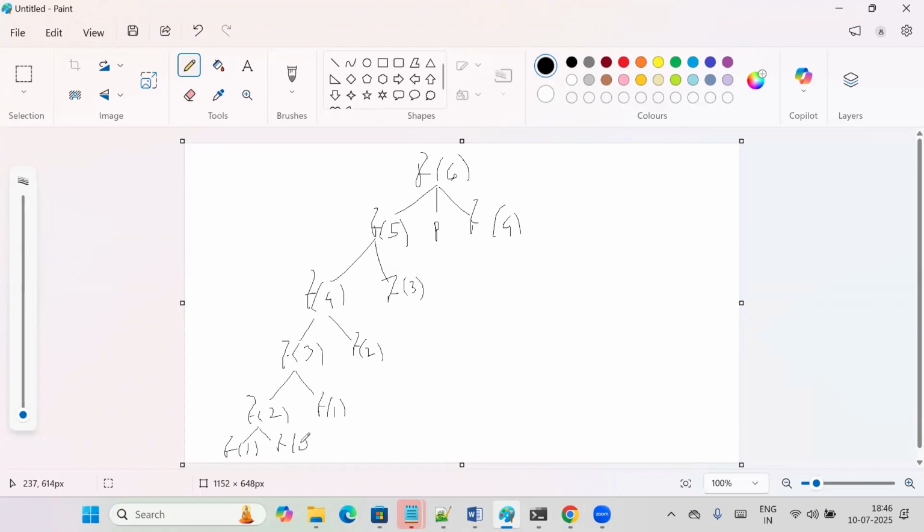Now once you got f of 1, guys, here you got f of 1, here you got f of 1. Once you got f of 1, again it will call the function f of 0, and f of 1 minus 2, so it will become minus 1. So minus 1, see guys, your anchor step is what?